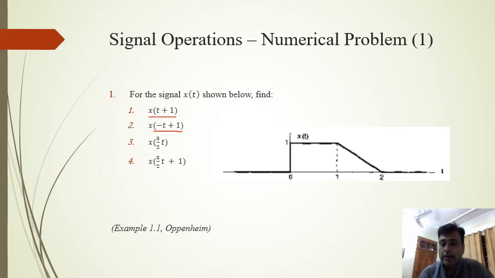Order is only important when the shifting and scaling operations are combined. Shifting and reflection, which is the case here, the order is not important. Similarly scaling and reflection, although scaling is also a kind of reflection, if they combine, the order is not important there either.